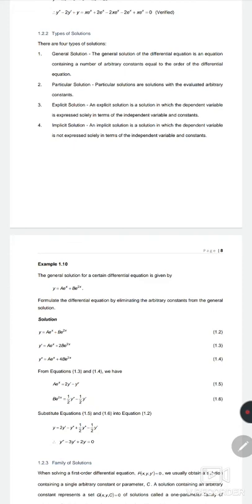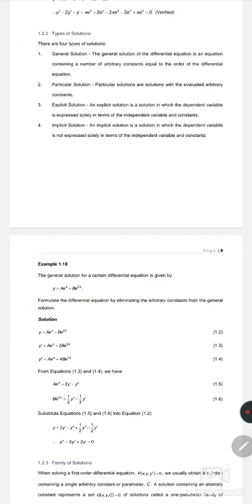Okay, so the general solution of the differential equation is an equation containing a number of arbitrary constants equal to the order of the differential equation. Kalau general solution ni dia ada C tu kan. Okay, dia ada constant. Okay, particular solution are solution with the evaluated arbitrary constant. Yang tu yang awak dah kira dah, nilai constant.